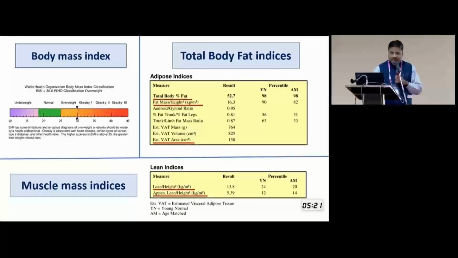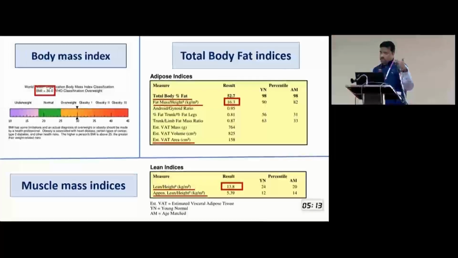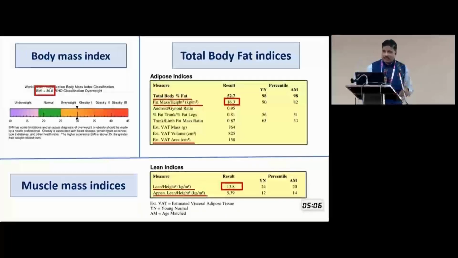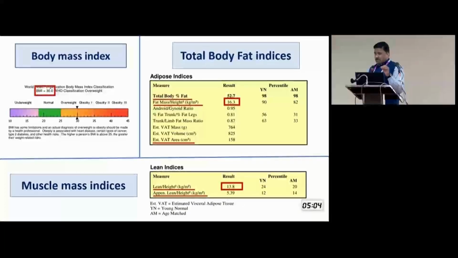If I add up the fat by height square with lean by height square, I should get the BMI, right? Because I'm saying it's a 2-compartment model. So everything is either fat or lean mass. And if I add these two, I should approximately get to what the total BMI is.